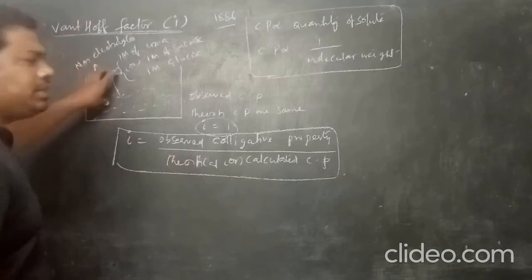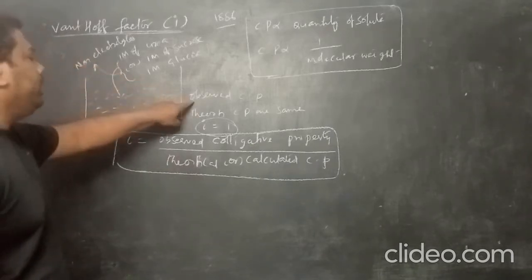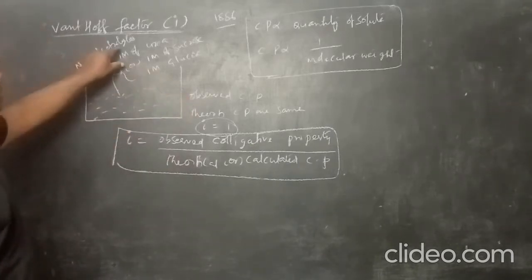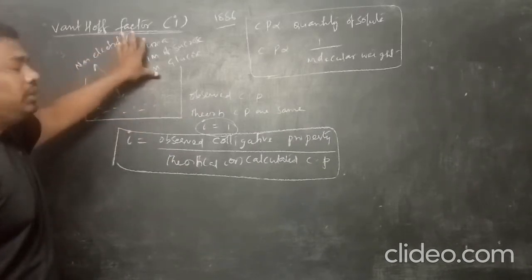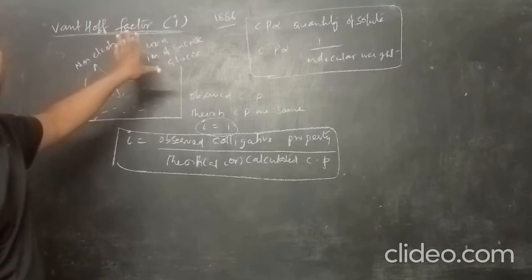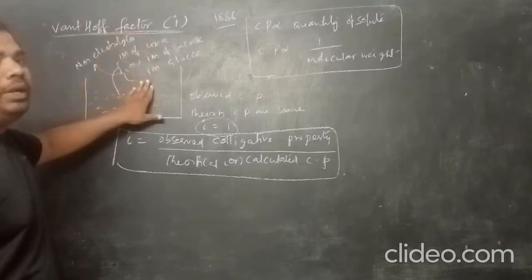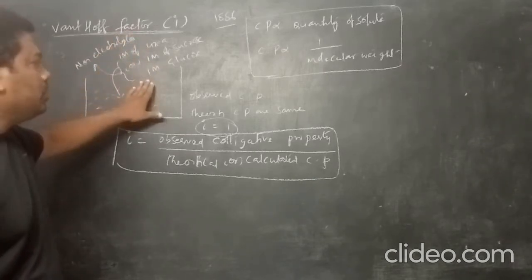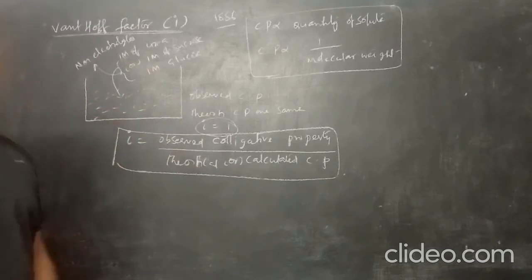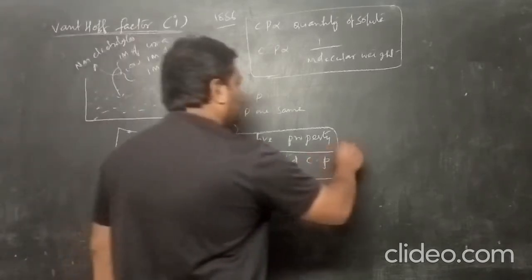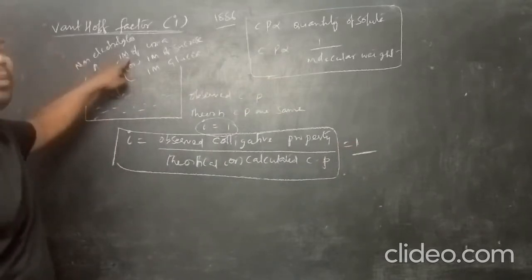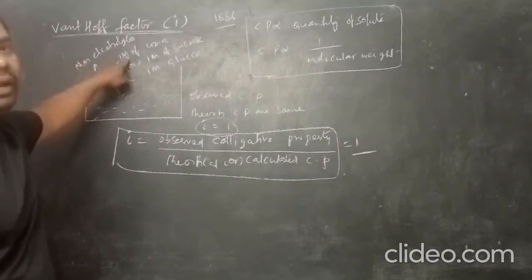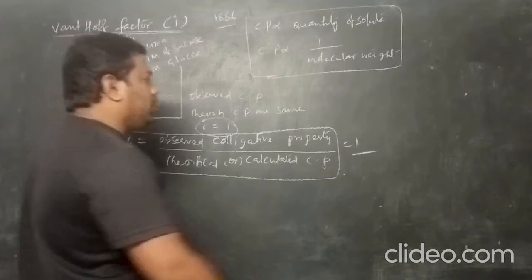Here in this case the observed colligative property is equal to 1, because these non-volatile non-electrolyte solutes cannot dissociate nor associate. Here the theoretical or calculated colligative property is also equal to 1.